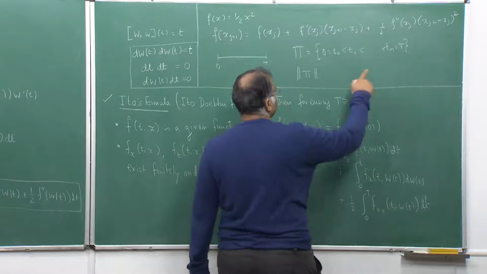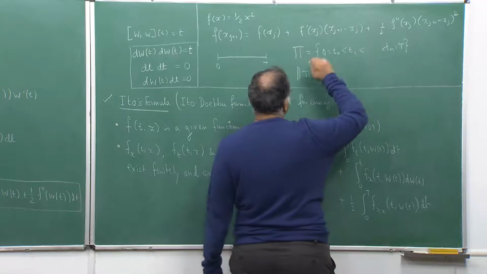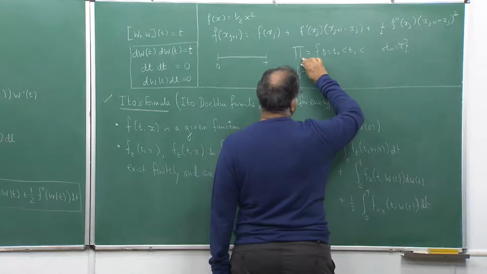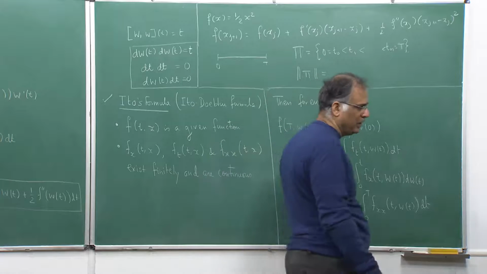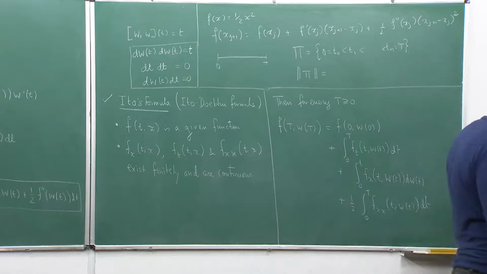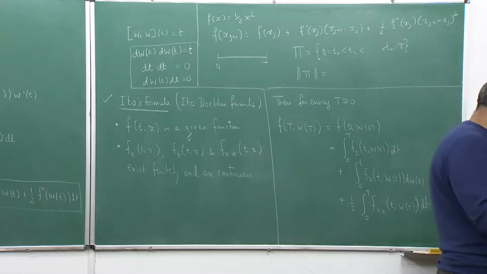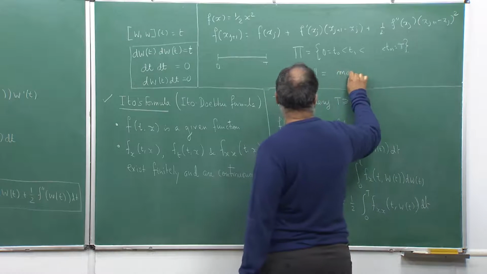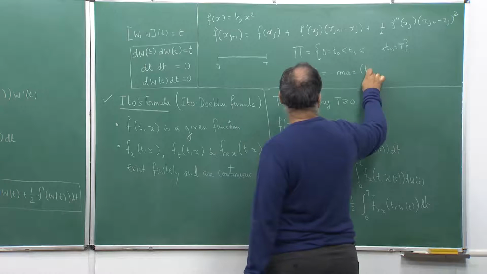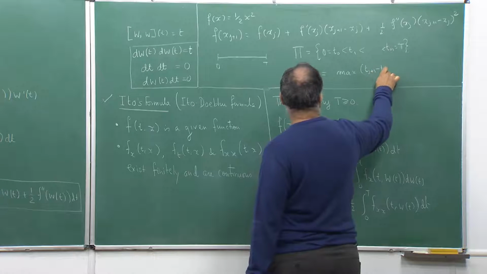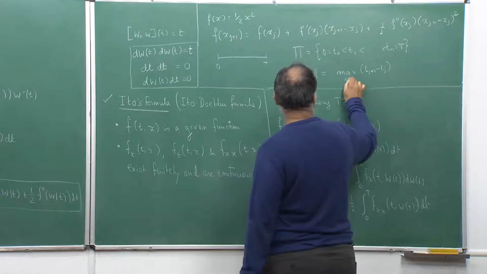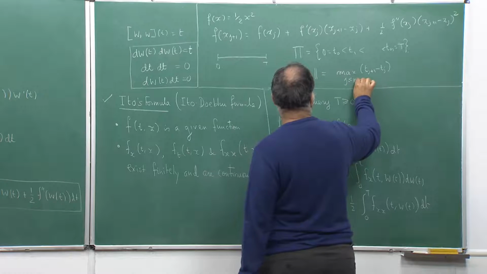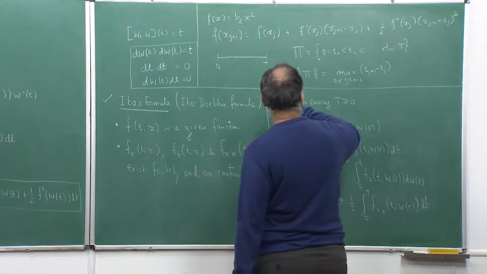I will just take the partition norm going to 0. So this partition norm is the max of t_{j+1} minus t_j, where j goes from 0 to n minus 1.